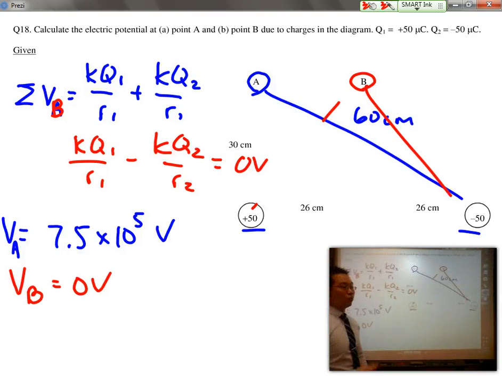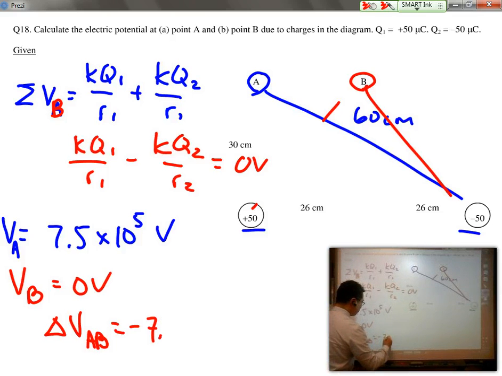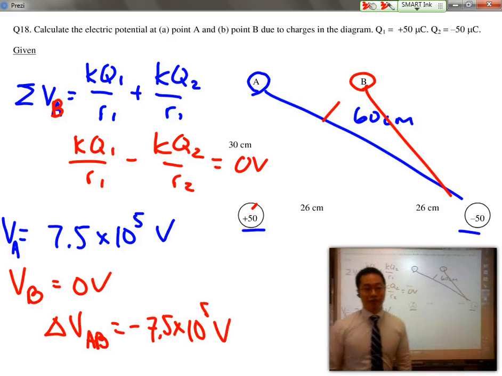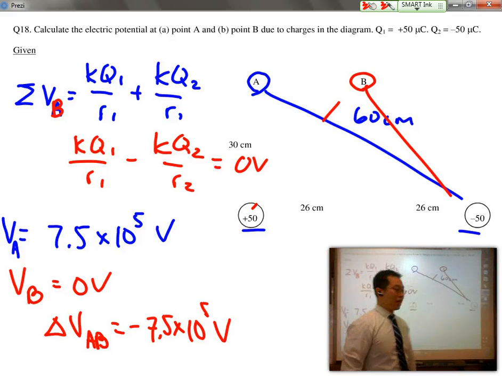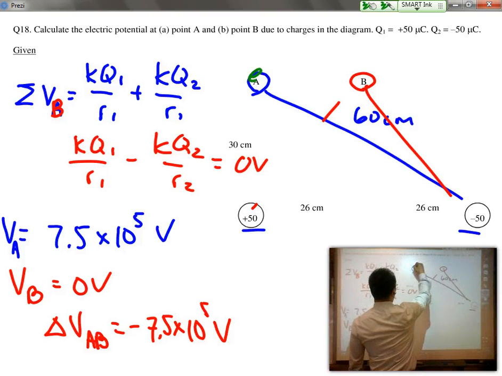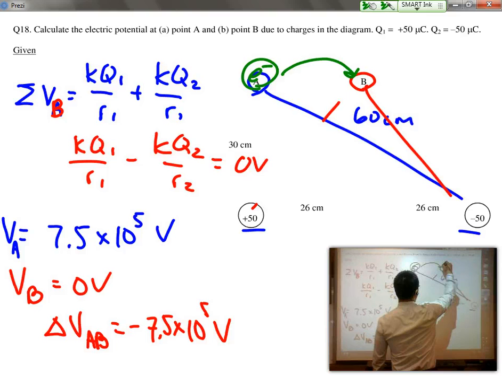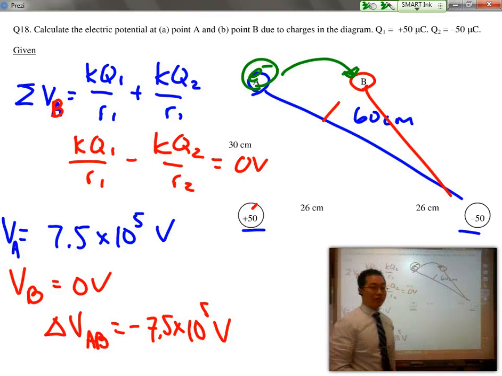So if I want to know what's the potential difference from A to B, it's simply equal to the final minus initial, or in this case, negative 7.5 times 10 to the 5th volts. So normally I would leave that as an absolute value, of course. Okay? If I want to move an electron, let's say, from A to B, how much work would that take?